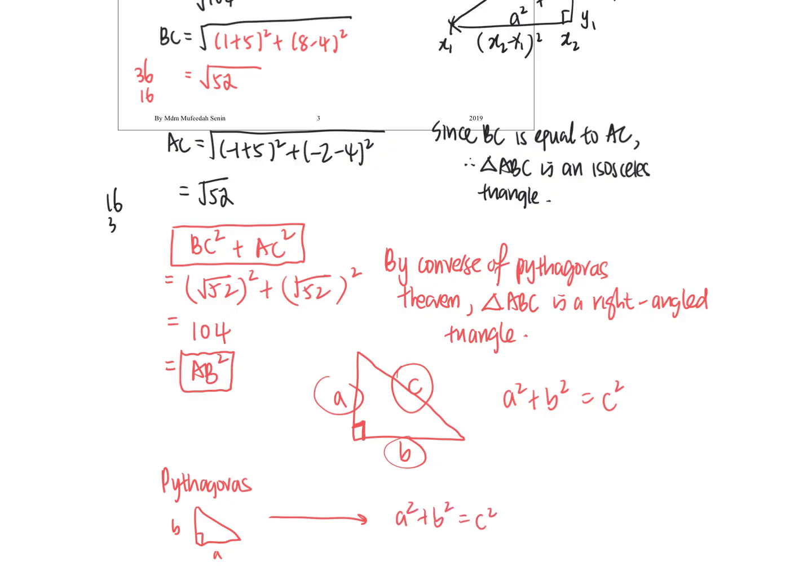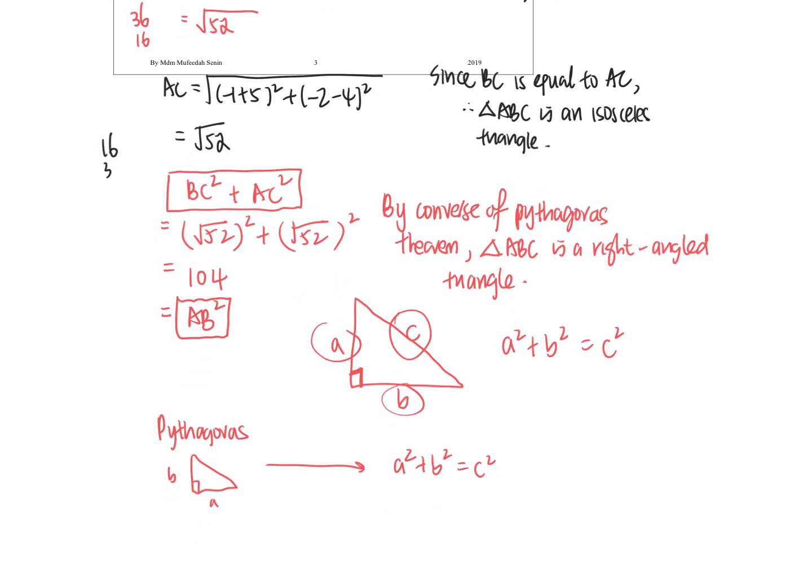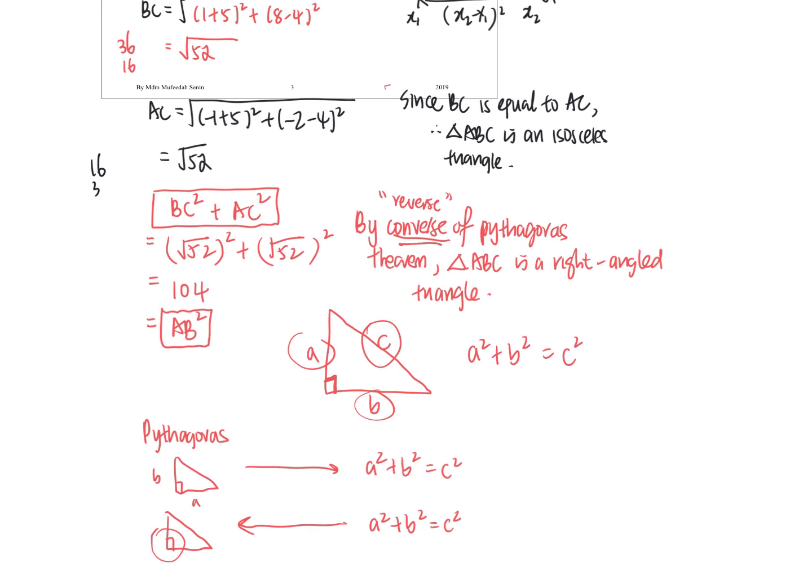So this is Pythagoras theorem. Converse is the opposite. That means I must first prove that A square plus B square is equal to C square. Then I conclude the triangle is 90 degrees. So converse just means the reverse direction. We are proving the reverse direction. So this proof needs two parts. One is the two equal lengths. Second part is the right angle triangle.